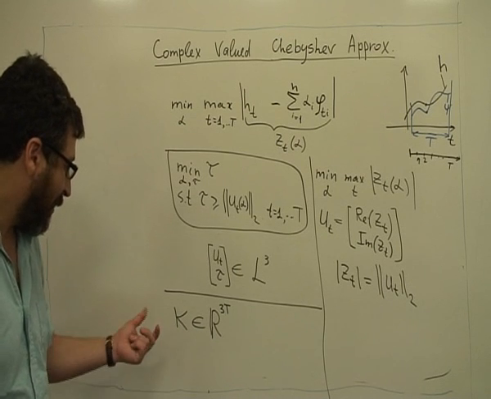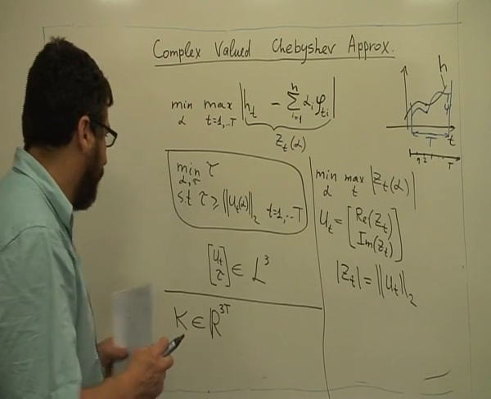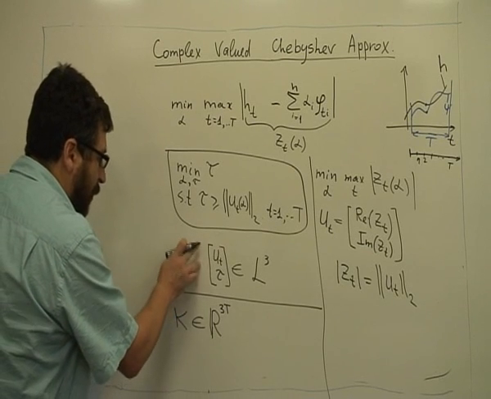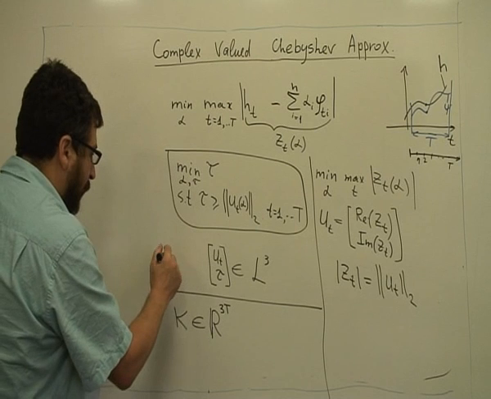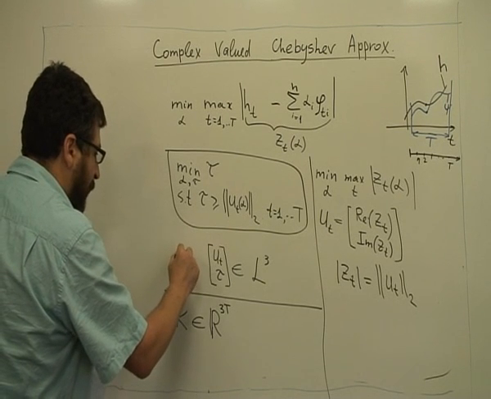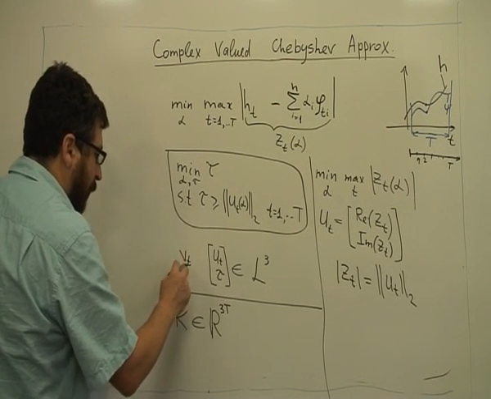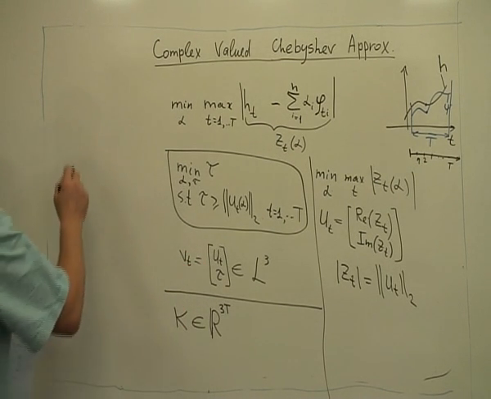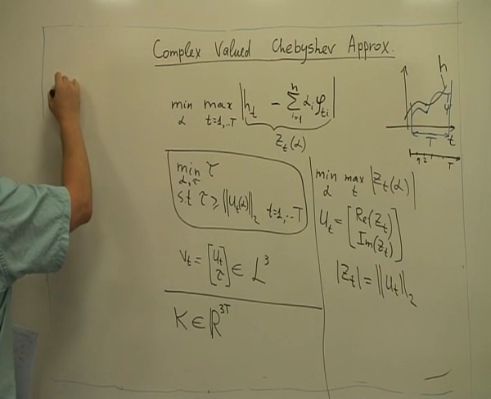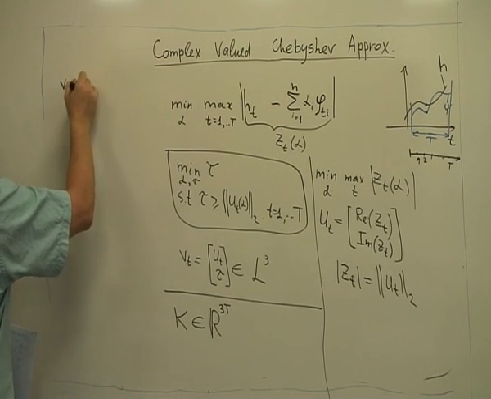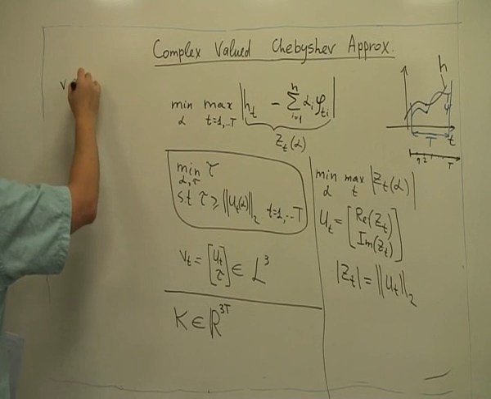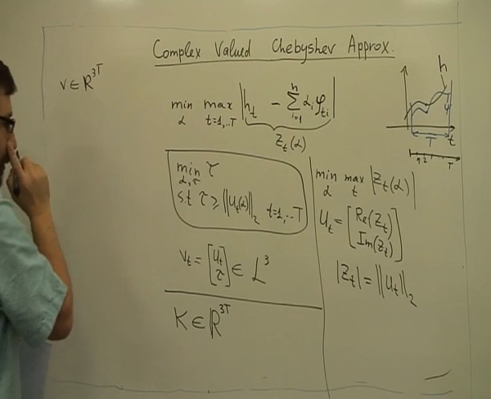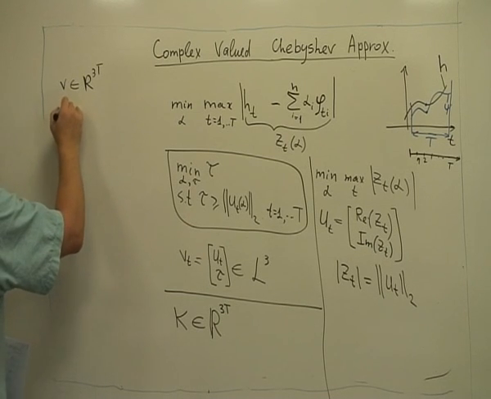Let me define these three variables as V_t. Okay, V_t is a three-dimensional vector, and then I will define my vector V in the space R^{3T} in the following way.